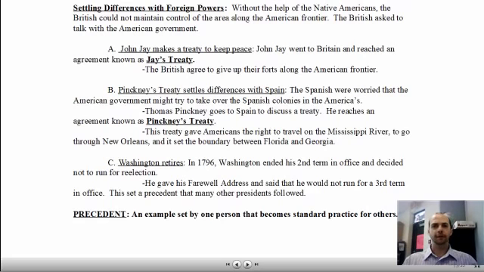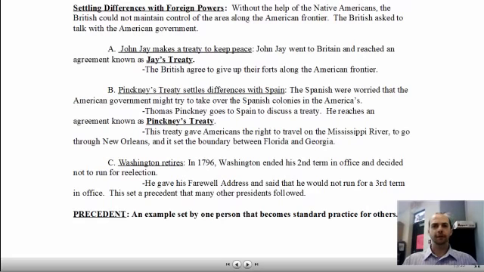He went to Britain and he reached an agreement known as Jay's Treaty, and basically he helped the British come to the conclusion that they should give up their forts along the American frontier, since that's what they agreed to in the Treaty of Paris. And now that their Native American allies have been defeated, they were left alone. So England gave up their forts along the frontier.